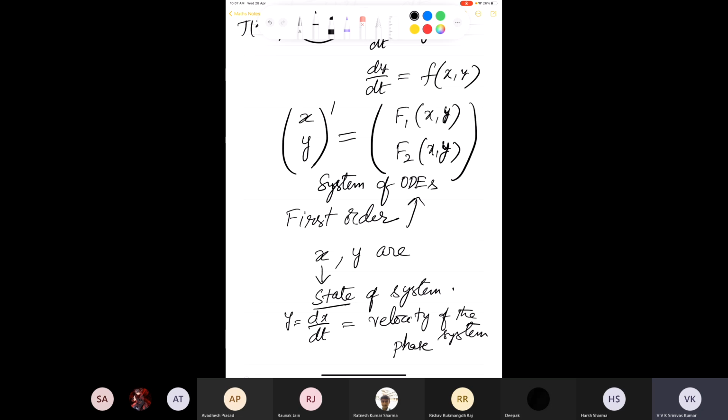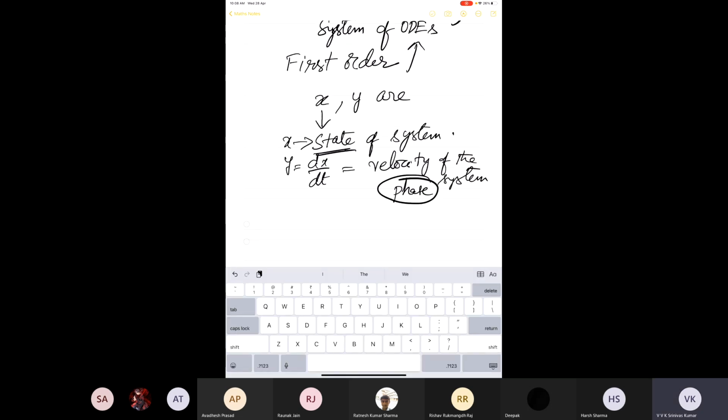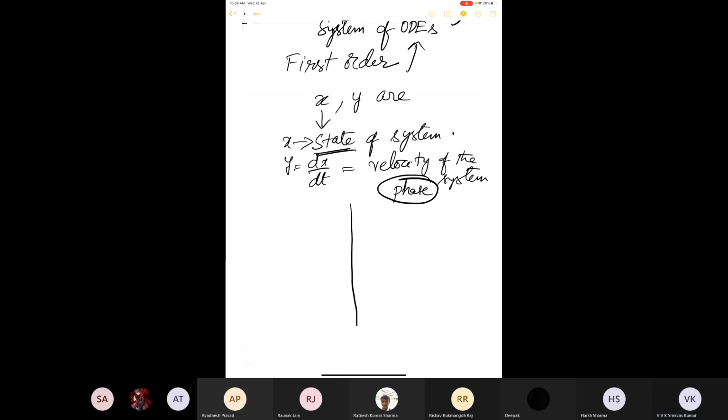That's why the state variable is x and the phase variable is y, and we are looking at x and y. And what is the final thing? The final thing is d square x by dt square.